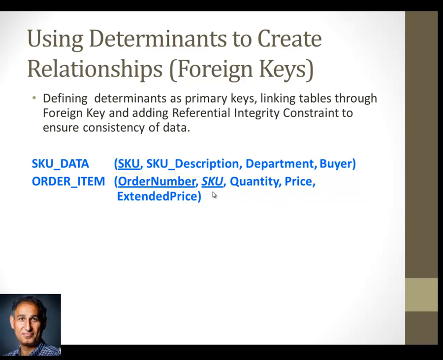Now the question: why did I underline the SKU in the second one? To create the relationship between the two tables, the SKU attribute has been used in both tables. The SKU attribute in the first table is used as a primary key, while in the second one it is used as a foreign key.